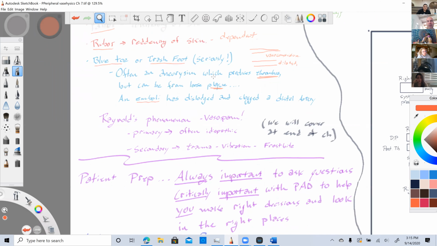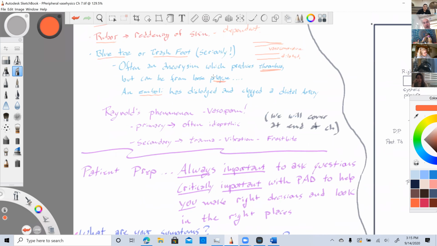And as you think about that, if you have an artery with a thrombus or an emboli that has broken loose, it's going downstream, right? So it's going to go to your foot. You lose your foot that way, by the way.